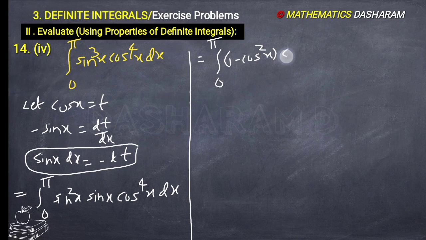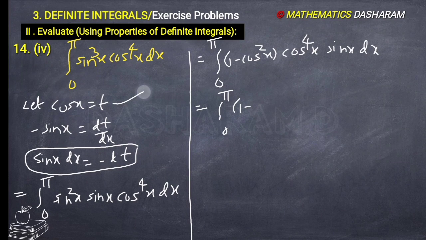Next to cos to the power of 4 x, next to sin x dx. In this substitute the values. Here cos x was selected as t, so 1 minus t square. Here t to the power of 4, sin x dx equals minus dt.